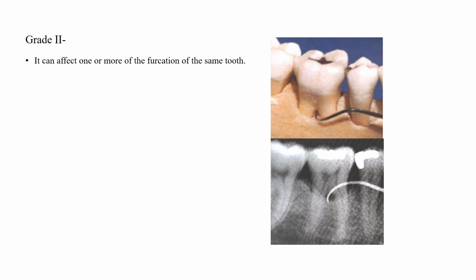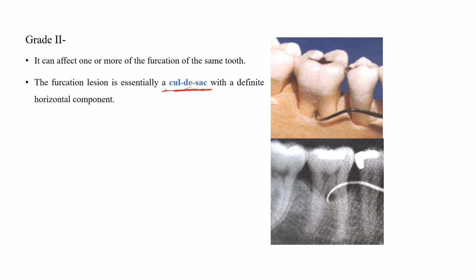Next is grade 2. Grade 2 affects one or more furcations of the same tooth, first of all. It can involve the buccal furcation, mesiobuccal furcation, distobuccal furcation. If these all get involved, then it will be considered as grade 2. Second, the furcation lesion is cul-de-sac type. The literal meaning of cul-de-sac in medical language is a cave, like it has one opening but the other opening is closed.